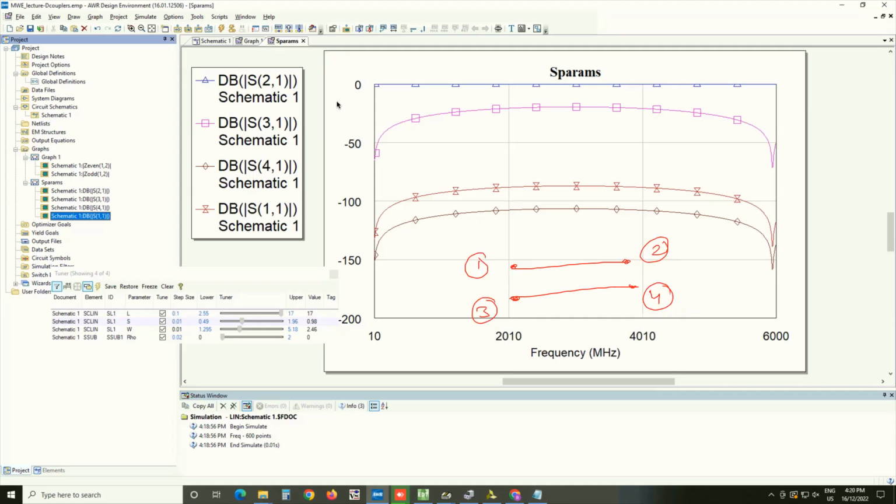Remember that the number which we specified was the coupling factor. And then we worry about the isolation, which is 1 to 4. This is called isolation. The larger it is, the better the system. But a combination of isolation and coupling factor is a quantity called directivity. What does that mean?